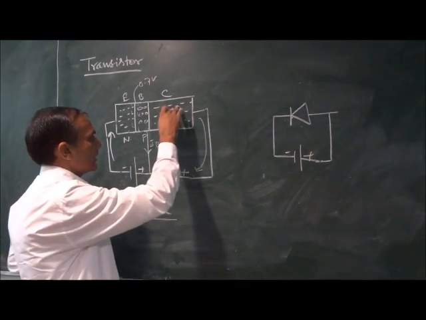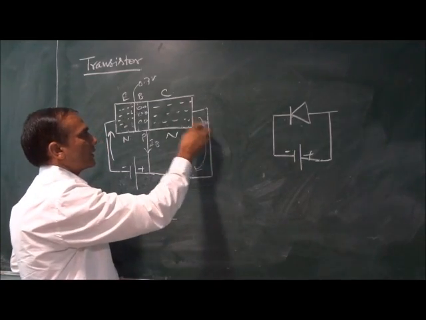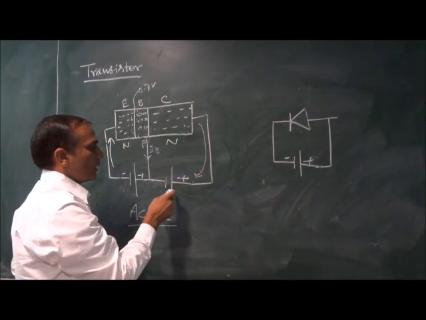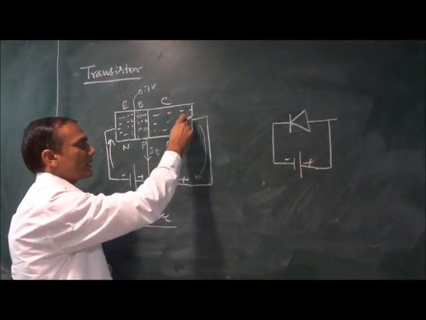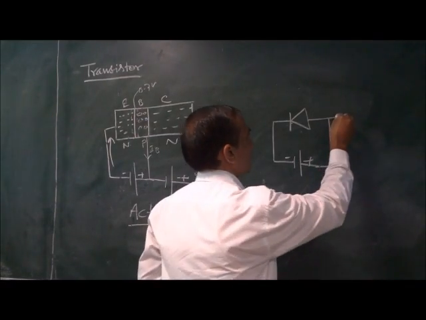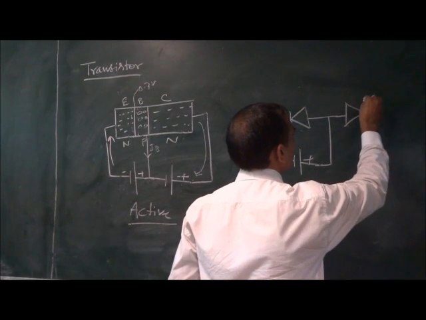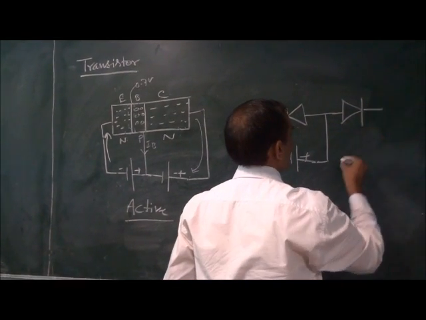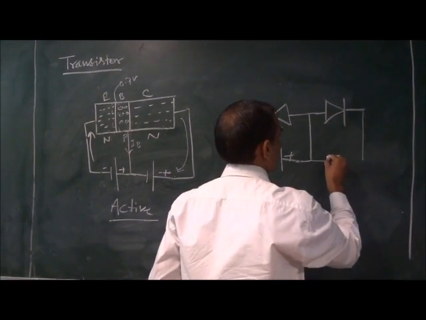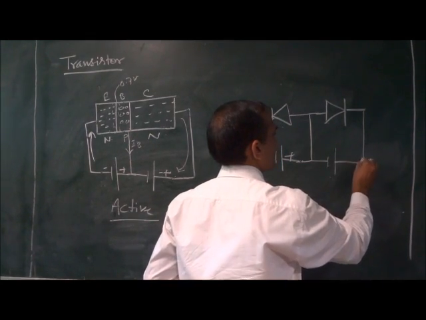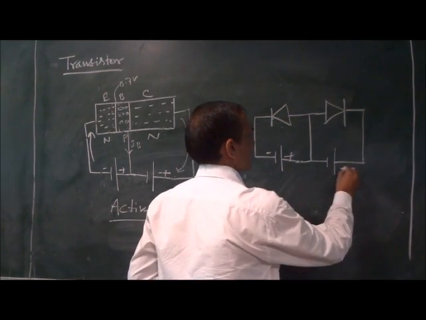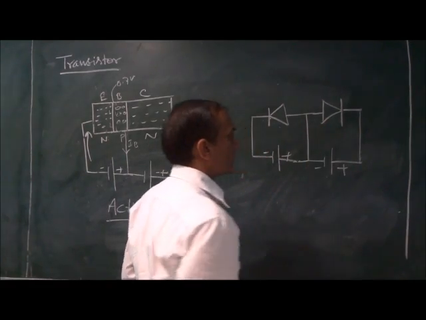Now here you see, the polarity is different. Here it is the negative region, but here the positive terminal is connected to this one. So again we can represent this region with the help of another diode, and the supply is connected like this, plus and minus.